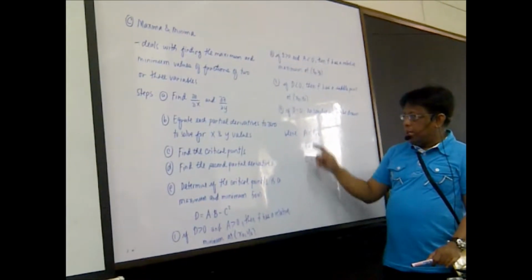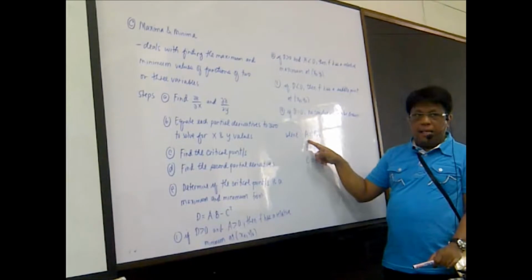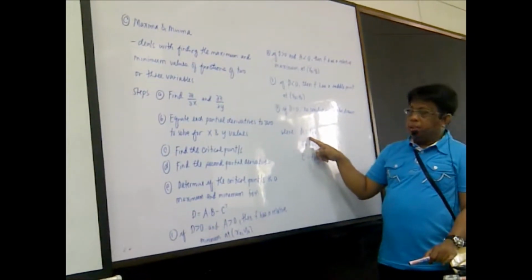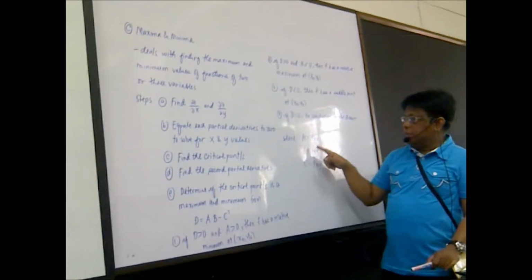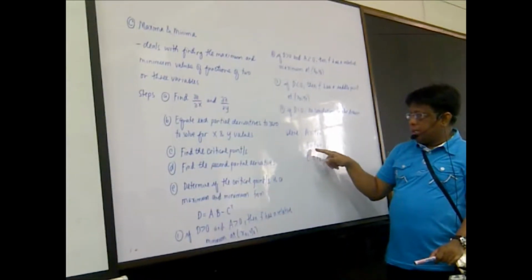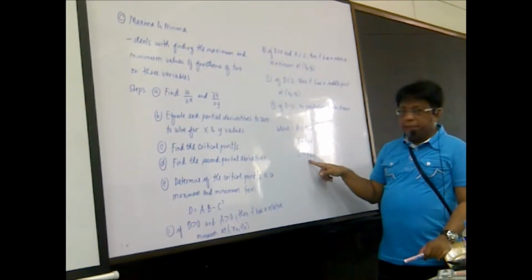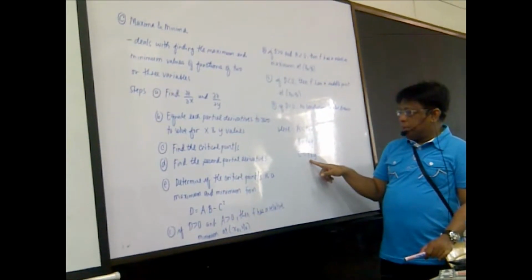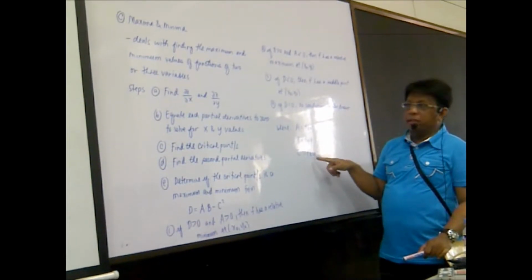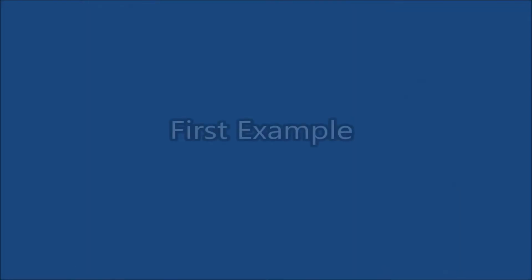By the way, what are these A, B, and C? The A, class, refers to the second partial derivative of the function with respect to x, while B refers to the second partial derivative of the function f with respect to y. Then what about C? This is the partial derivative of f with respect to x, then with respect to y.